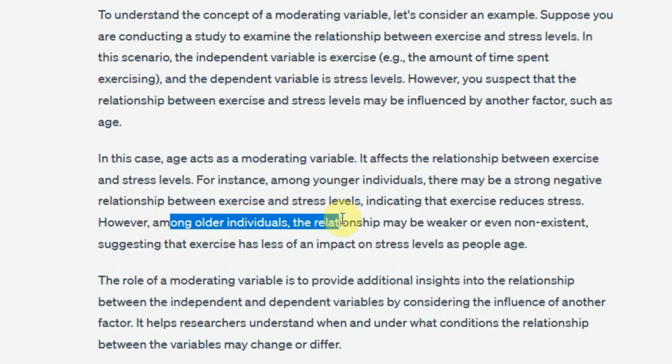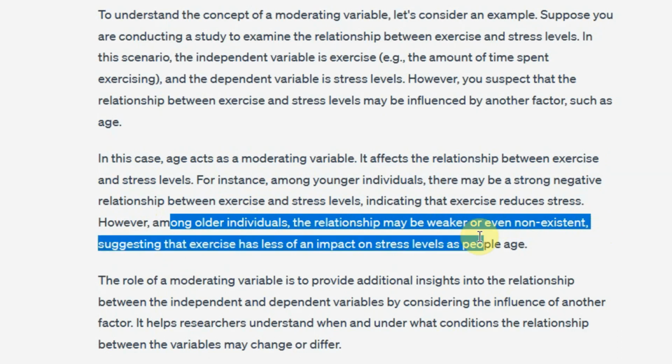Among older individuals, the relationship may be weaker or even non-existent, suggesting that exercise has less impact on stress level. So when you are young, there is a negative impact of exercise on stress: the more you exercise, the lower your stress levels. But as you grow old, whether you are exercising or not exercising does not affect your stress level.